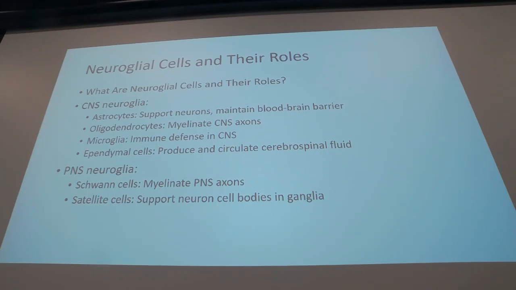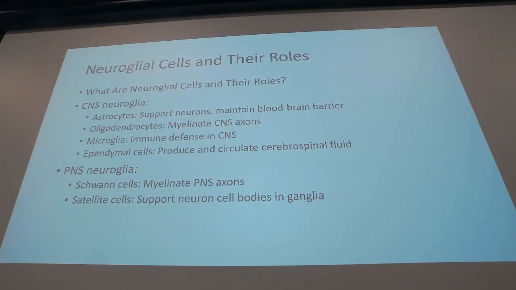Functions of the astrocytes. They support neurons. Basically, if a neuron needs calcium, it grabs calcium from the bloodstream and puts it next to the neuron. If the neurons have excess of potassium, it removes it and puts it into the circulatory system.